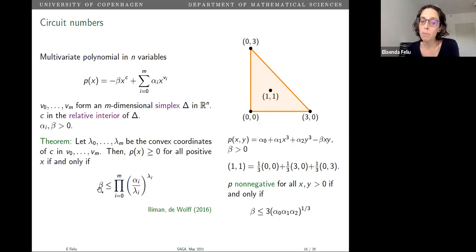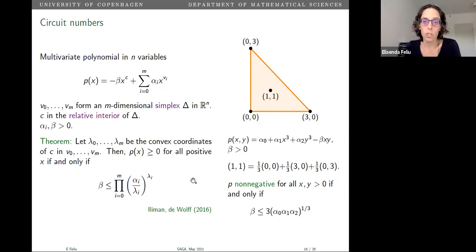Then if beta, the coefficient of the point in the interior, is at most this quantity, which depends on these coordinates and the exponents, the coefficients corresponding to the vertices, then your polynomial is non-negative. So in this example, the condition is that beta has to be smaller than 3 times this expression.